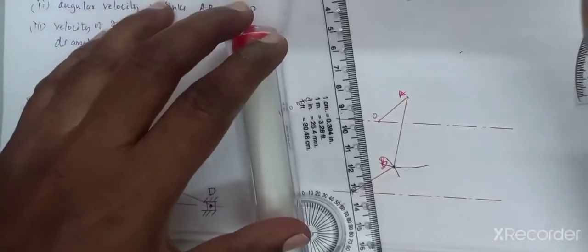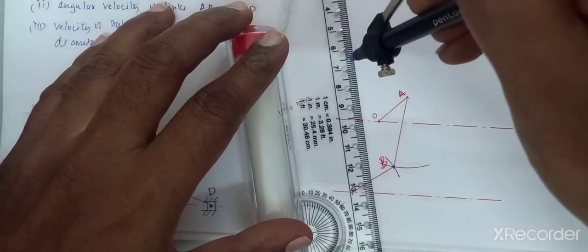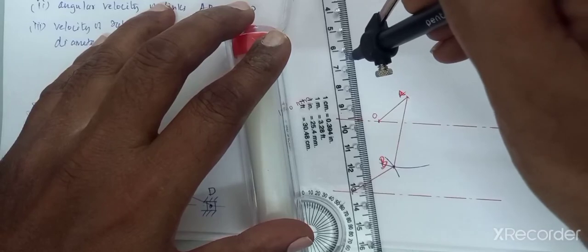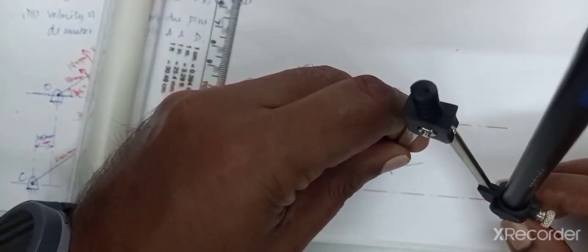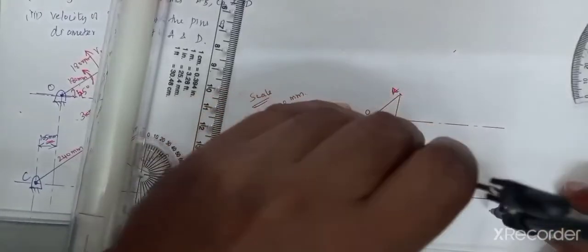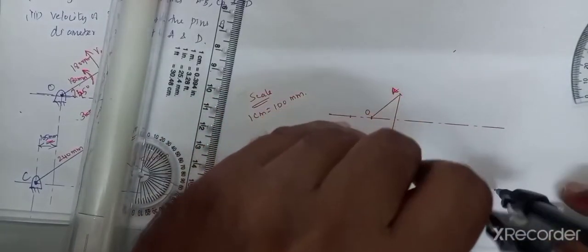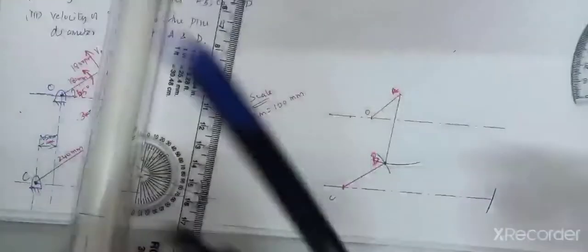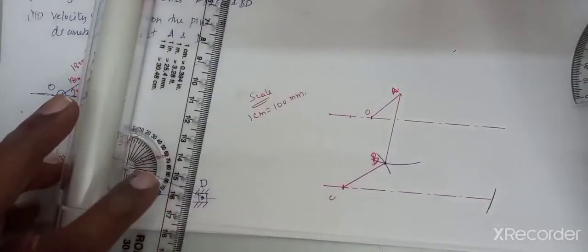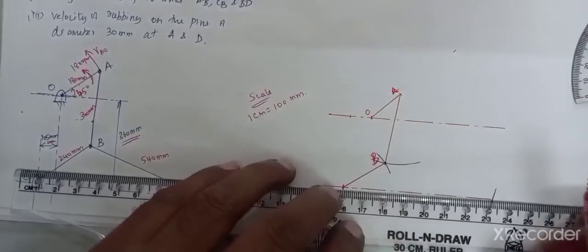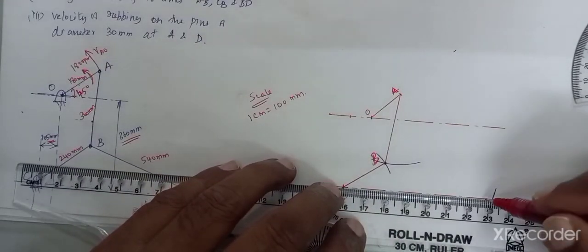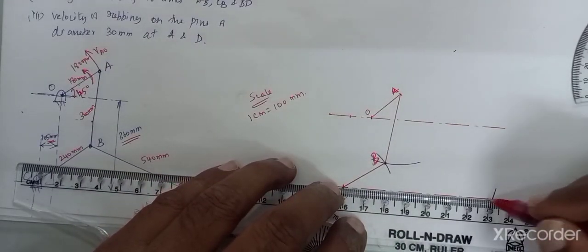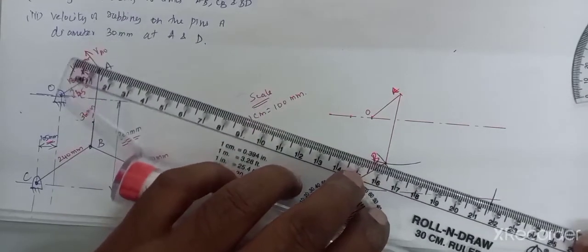From the scale factor I need to take 5.4 centimeter. I take the compass to point B and make an arc on this axis like this, and join these 2 points.